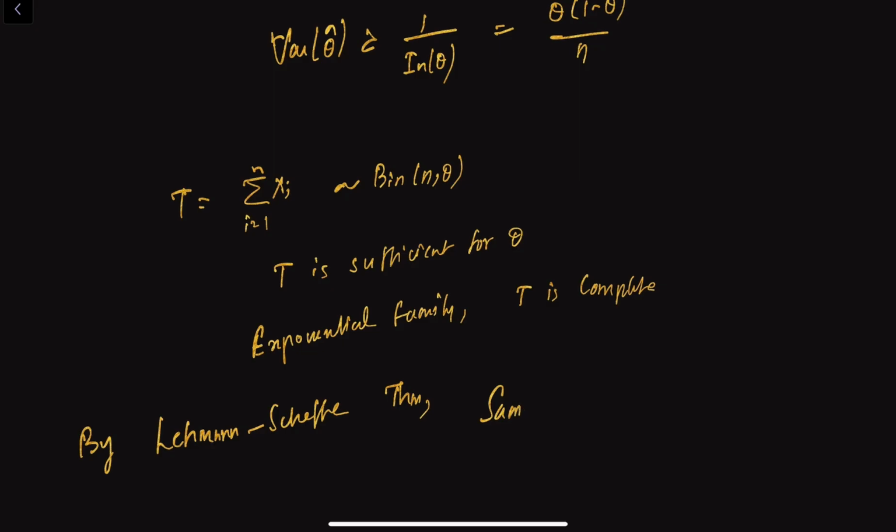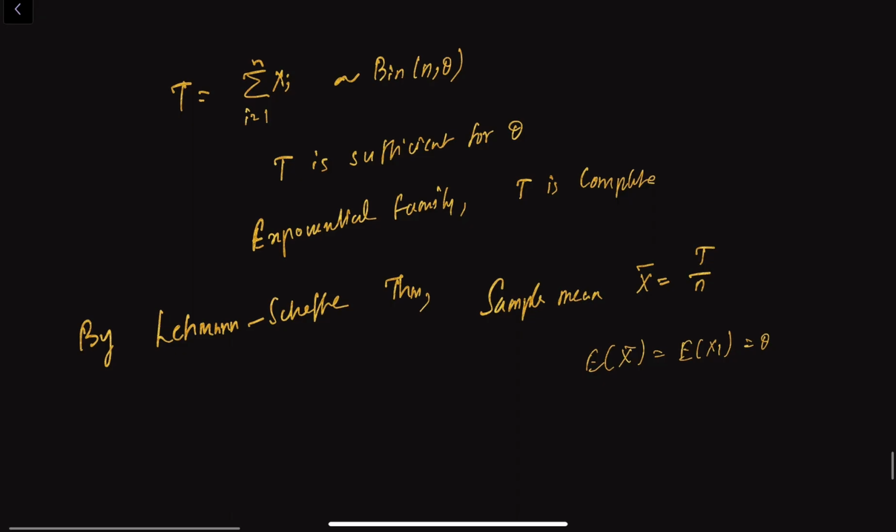So if we take the sample mean, X bar is T by n. This satisfies expectation of X bar is expectation of X1, which is theta. Therefore X bar is unbiased, and it's also a function of T. So that means X bar is the UMVUE of theta.